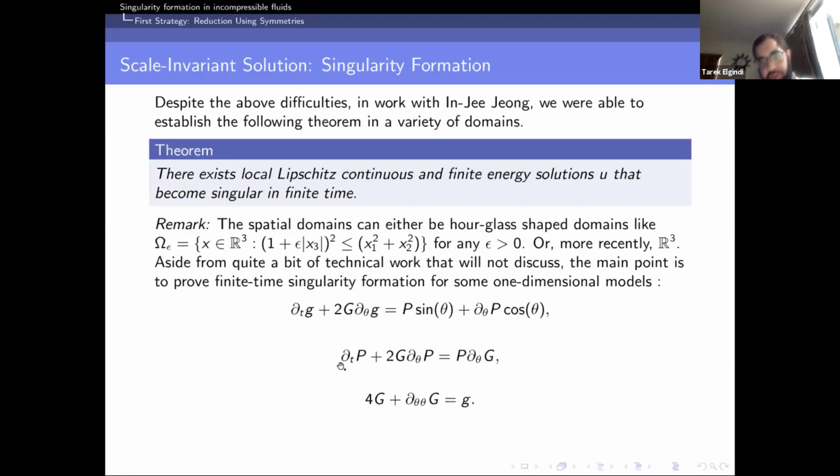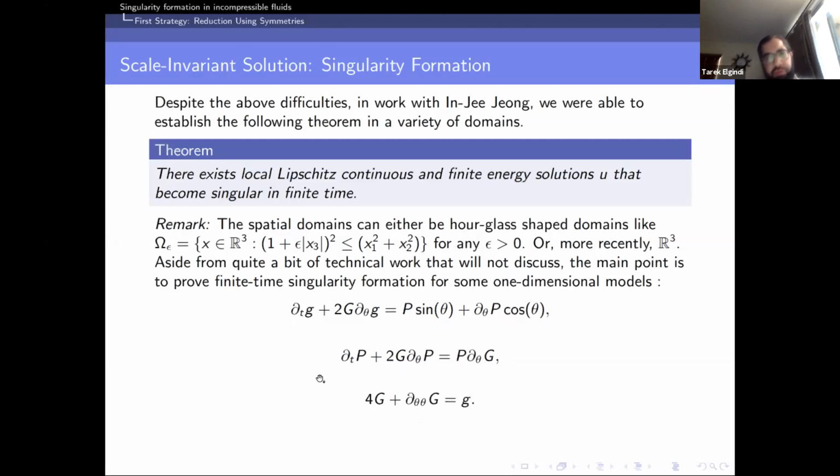The question is, how can you ensure that little g and capital P are growing? Little g is being forced by capital P, and capital P is being forced by this quadratic nonlinearity, which is determined by little g. And you have to build a situation where you have growth.